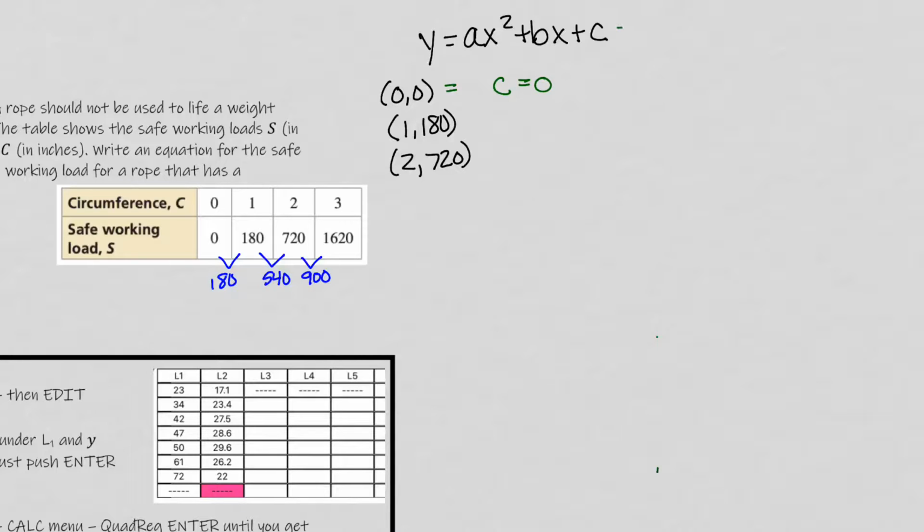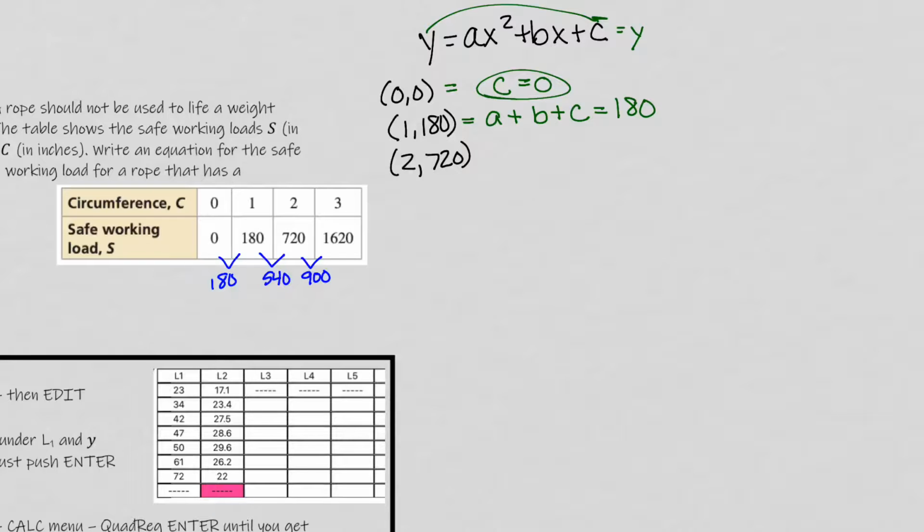So I have c already. That's convenient. All right, let's do the next equation, where if x is 1, I have a times 1 squared is 1 times a, so I just have a, plus b times 1 is just b, plus c is going to equal y, which is 180.